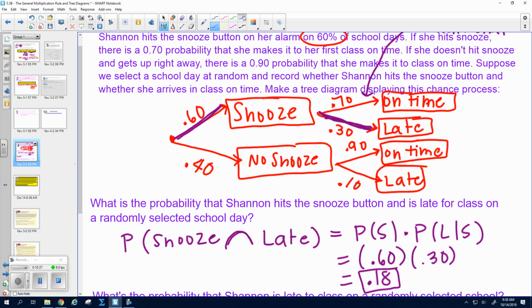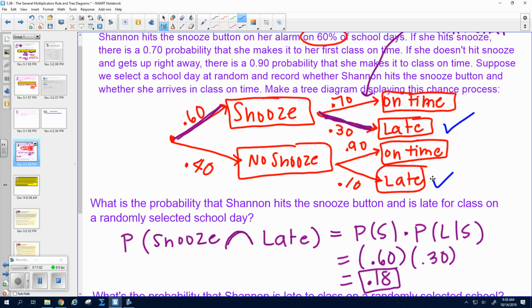Yeah, you can be late by hitting snooze, or you can be late by hitting no snooze. There are two ways, one way or the other way, okay? So you add your two ways of being late together because it's technically an or. She can hit snooze and be late, or she can not hit snooze and be late. One thing happens or the other thing happens, okay?